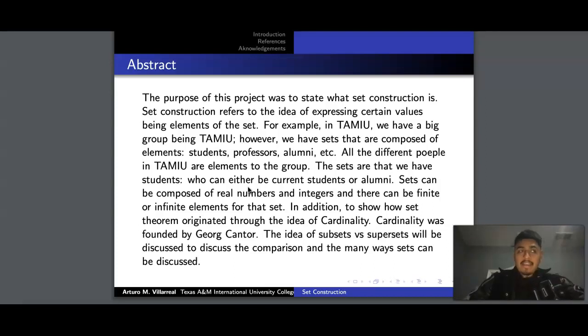This is basically a description of what set theory is, because all these groups of elements are together in a set, and it's defining the whole set being TAMU. Cardinality was invented by Georg Cantor, and it was the foundation of set theory, but I'll explain a little more of that in the introduction.